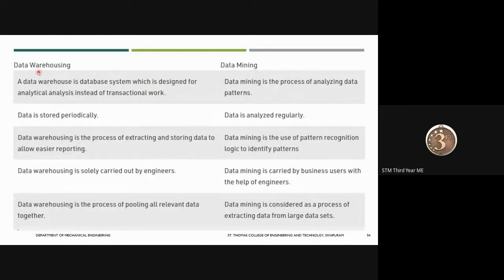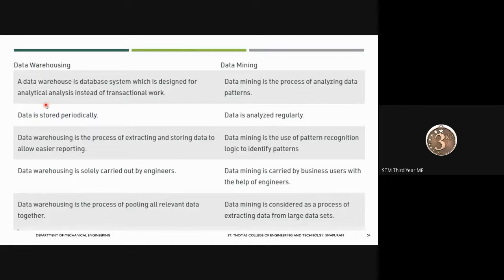Then data warehousing, data is stored periodically. So there may be a particular time for the data to be stored. Maybe during a month, the work done during that month has to be stored, or the data regarding that work has to be stored in the warehouse. So it is in a periodic manner. During each month or each week or daily basis itself, the data may be stored.